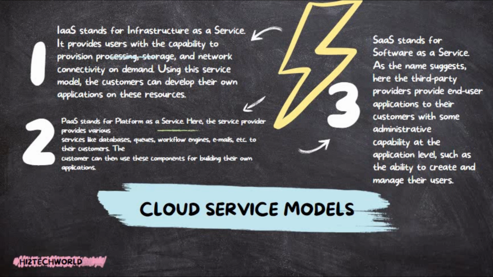Then please explain them with the full forms: infrastructure as a service, which provides all the infrastructure; platform as a service, which provides the platforms such as database, queues, workflow engines, etc. And third is software as a service, okay, in which the service provider provides end-user applications to their customers with some administrative capability at the application level, such as the ability to create or manage users.